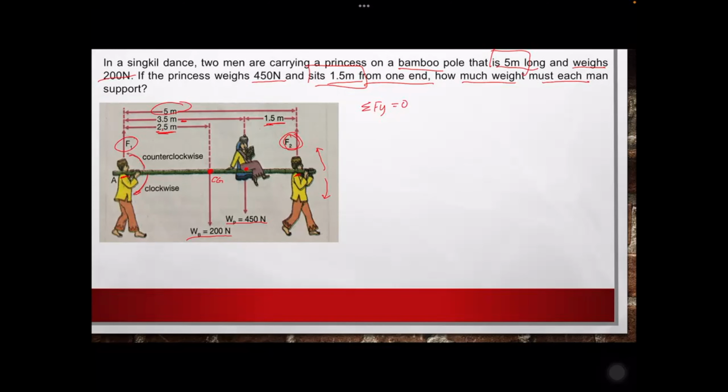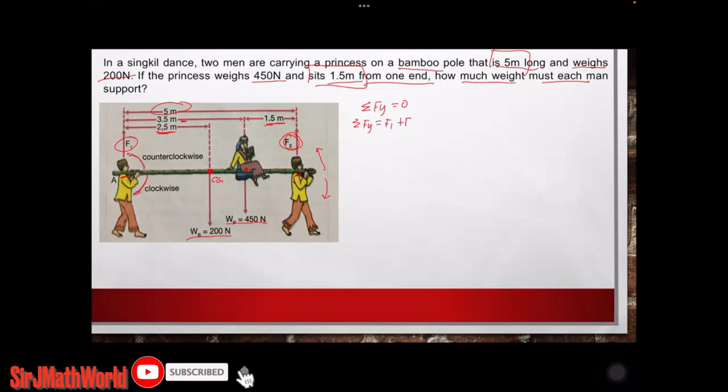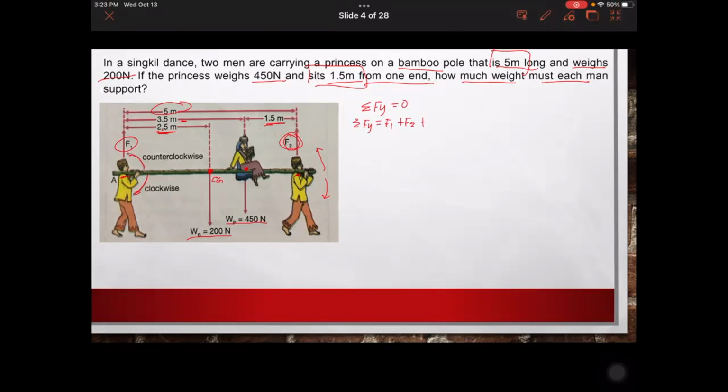In the summation of Fy, what do we have on the Y? We have the summation of Fy is equal to F1 plus F2 minus the weight of the bamboo minus the weight of the person.